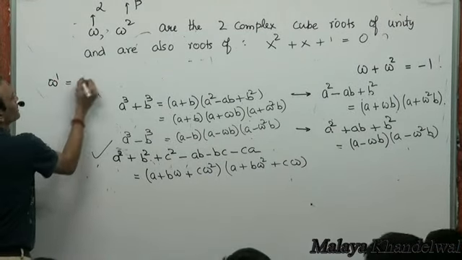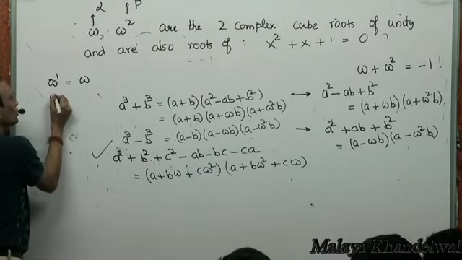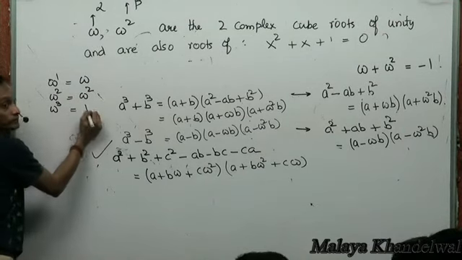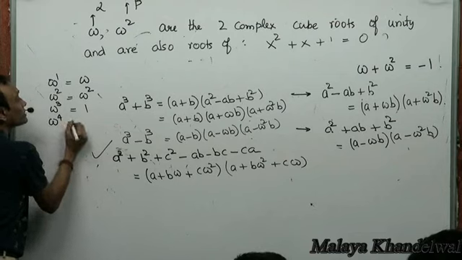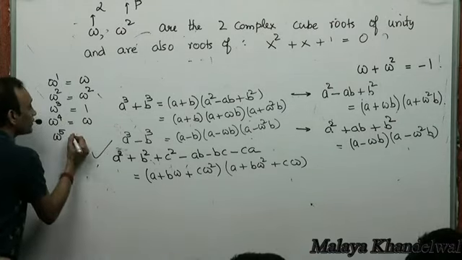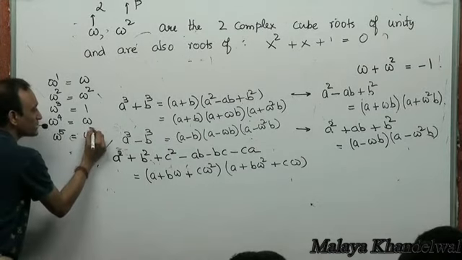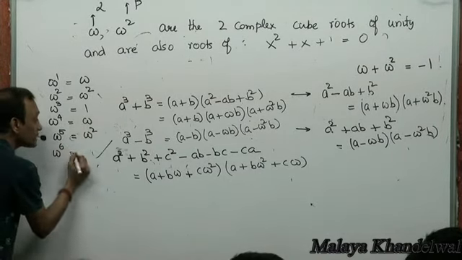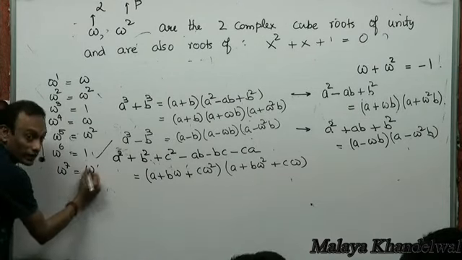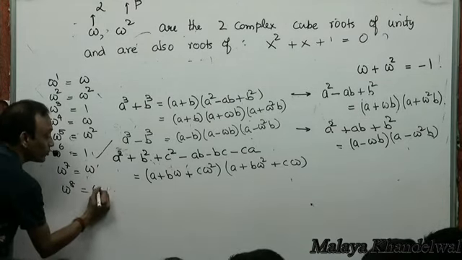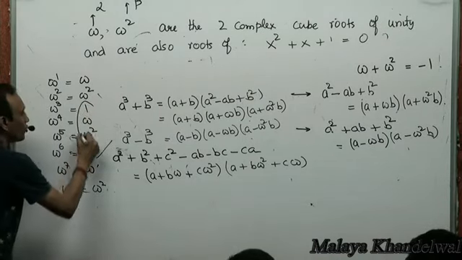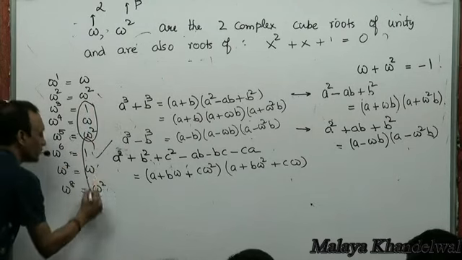In fact, what are the various powers of omega? So omega to power 1 is omega. Omega to the power 2 is omega squared. But omega cubed is 1. Omega to power 4 is omega into omega cube, which is omega. Omega to power 5, one more omega will come, it will become omega squared. Omega to power 6 will be omega cube, which is 1. Similarly, omega to power 7 would be omega. Omega to power 8 would be omega square, and then you see the same set of numbers appearing. 1, omega, omega squared, 1, omega, omega squared.